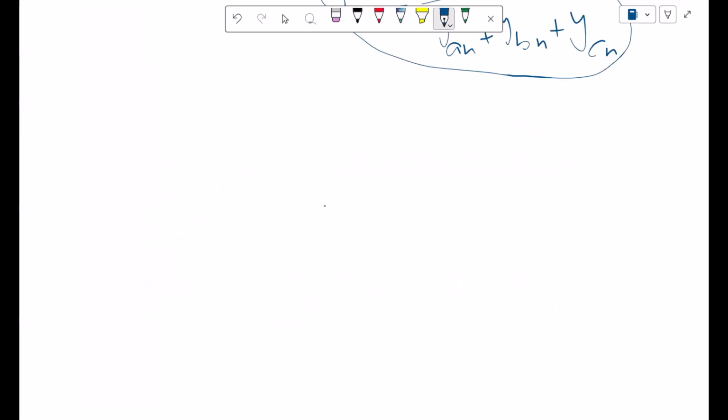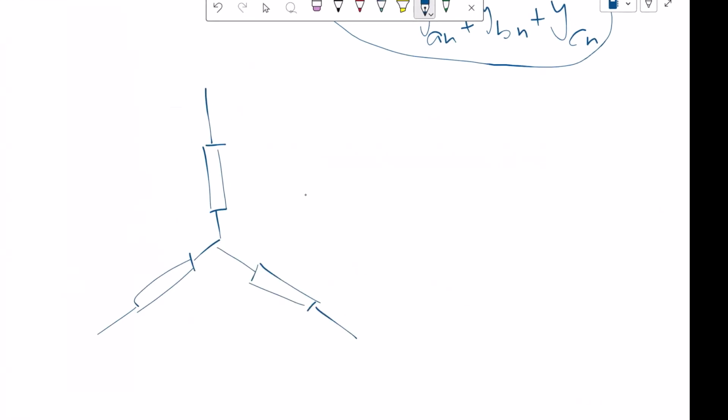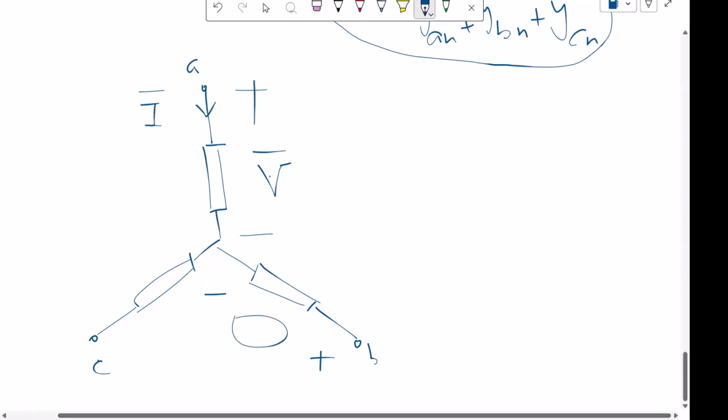So when we're having, for example, a balanced system, terminals A, B, C, if you call this V, and this current is I, we know that this V in here would have a 120 degree phase shift with this V, right?